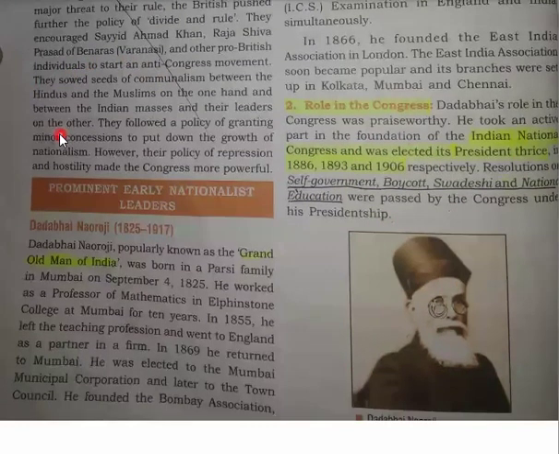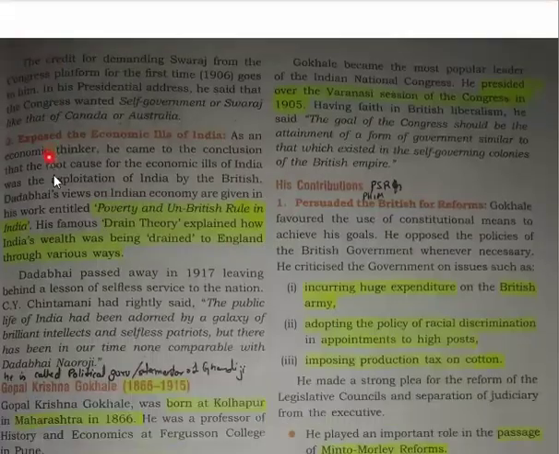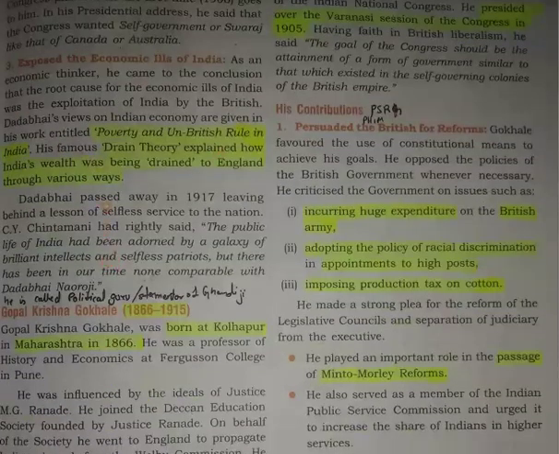Then we have the third one, which is that he exposed the economic ills of India.